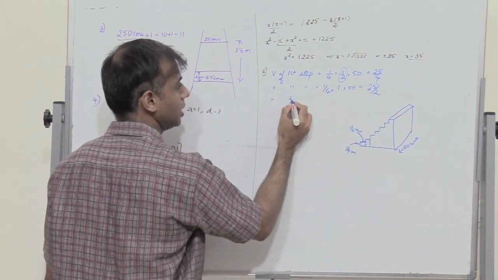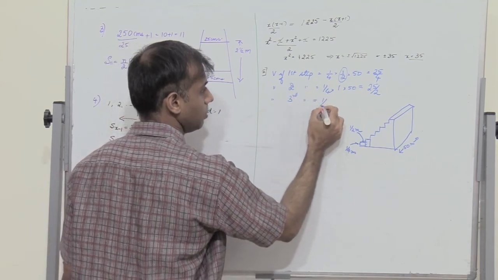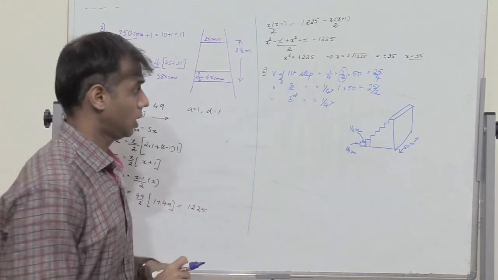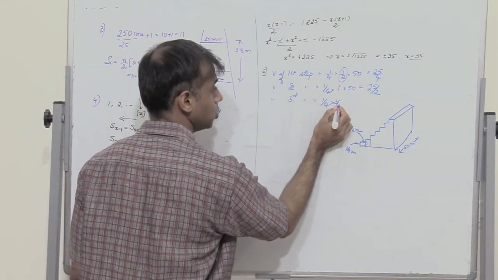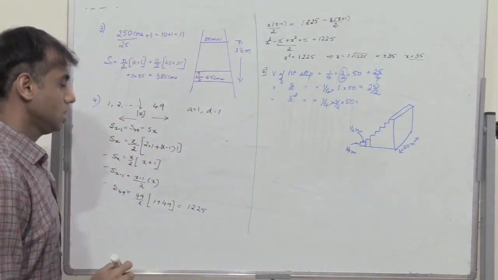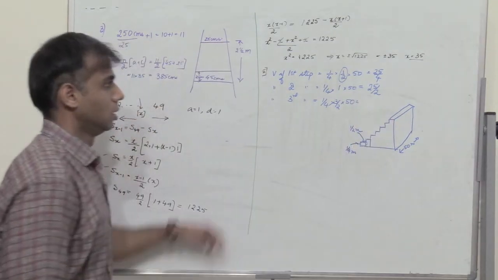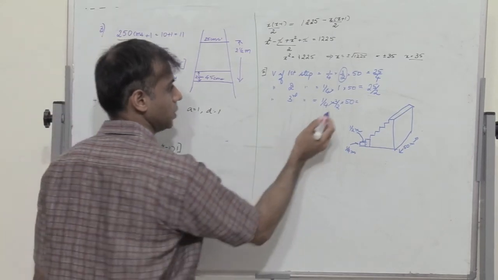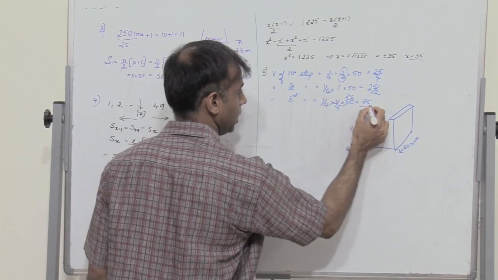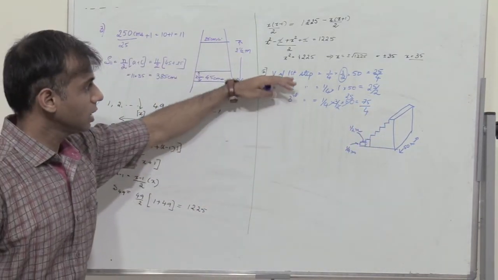The volume of the third step is 1 by 4 into, again the width increases by 1 by 2, so 3 by 2 into 50. This in turn gives us 75, so the volume of the third step is 25 into 3, which is 75 by 4. And so on.